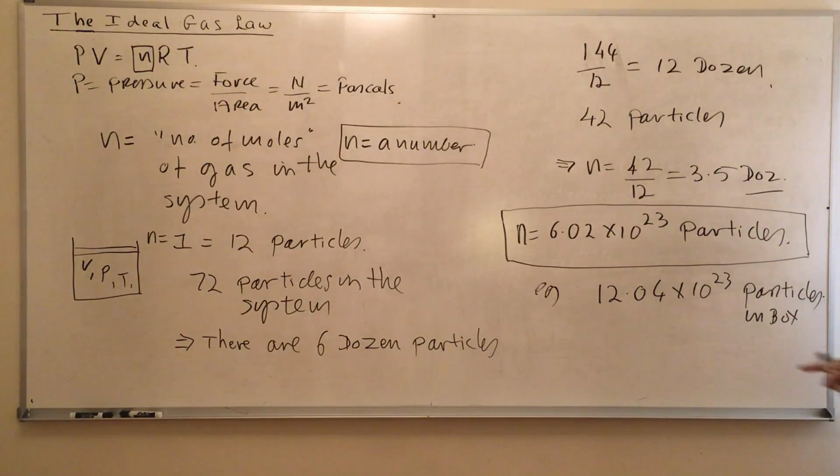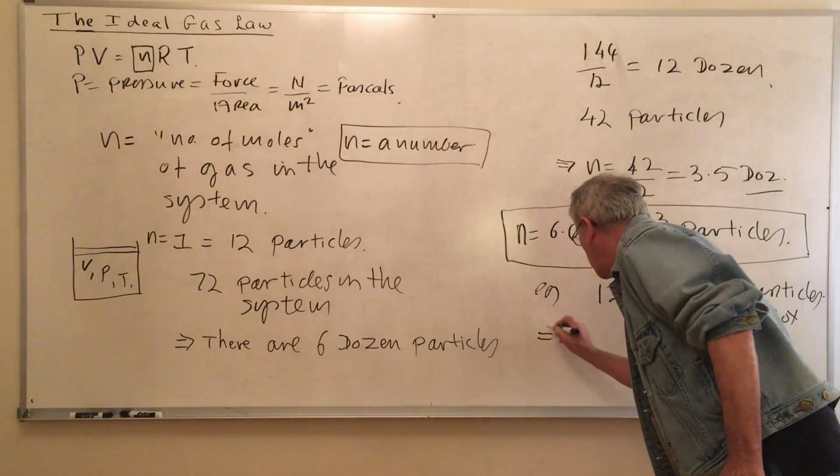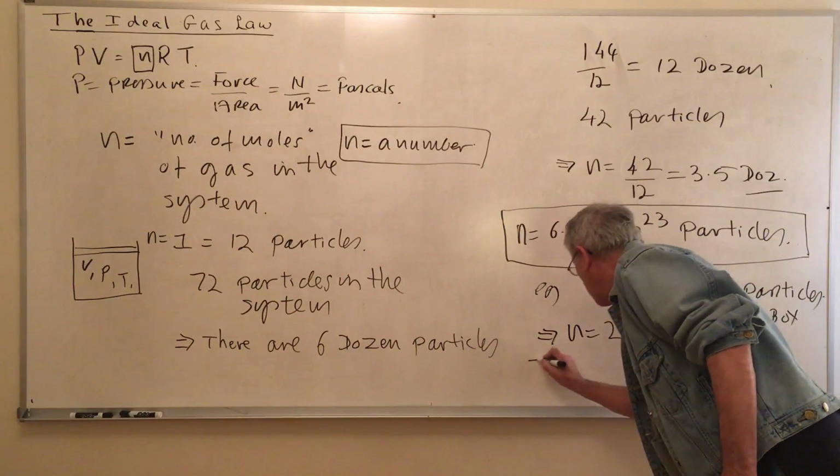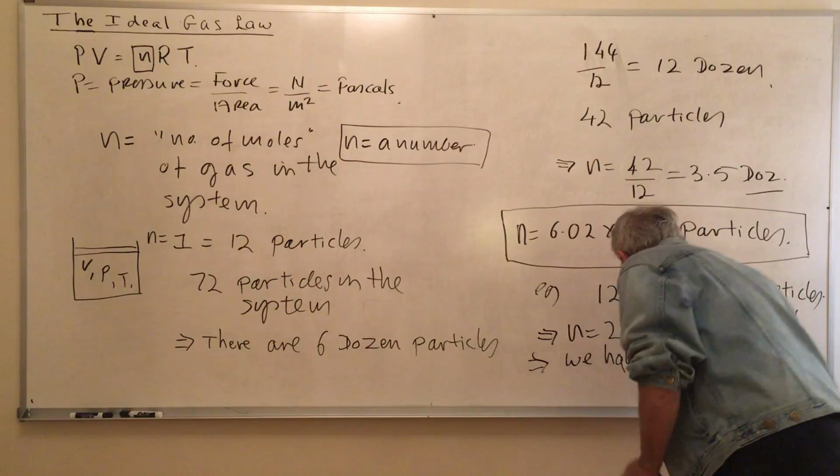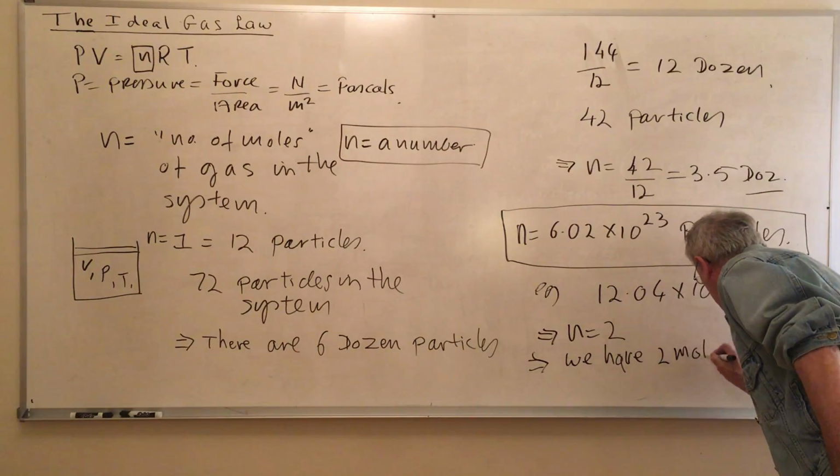If, for example, there were 12.4 by 10 to the power of 23 particles in our box, we will say that n equals 2. Or we have 2 moles of particles in the box.